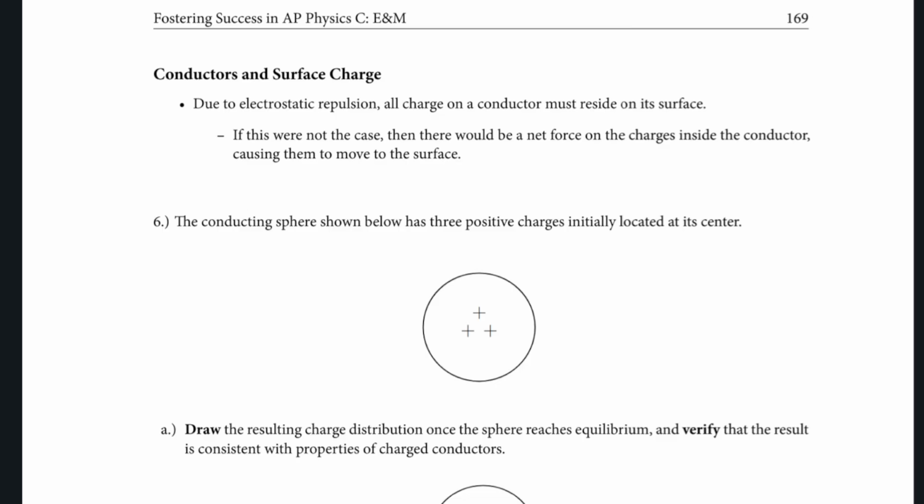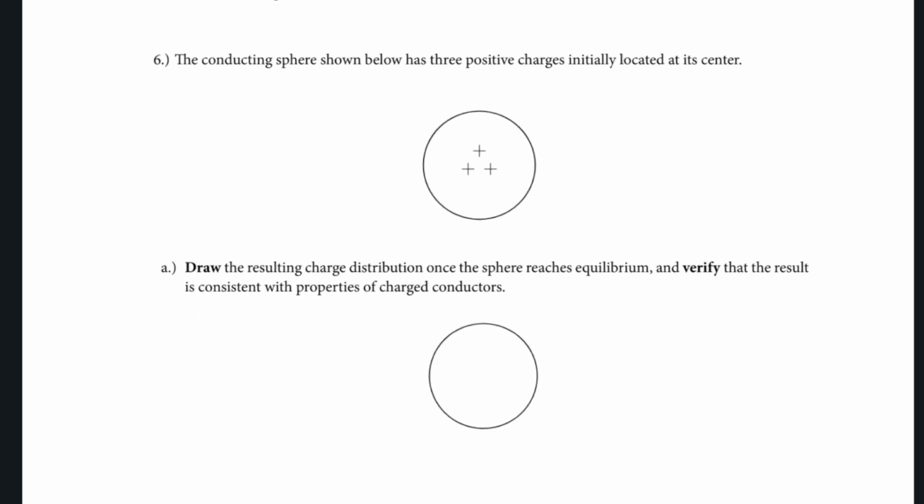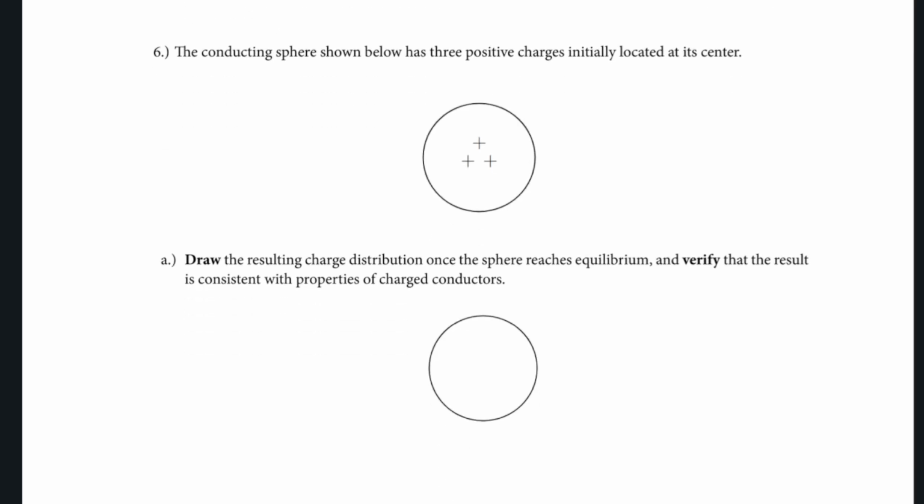So let's say that a divine entity has granted these 3 positive charges to the center of a sphere that is conducting. Well, we know that based on Coulomb's law, we actually did this problem. The forces on these charges are going to look like this. But it's not just the forces that we can look at, because this is a conductor.